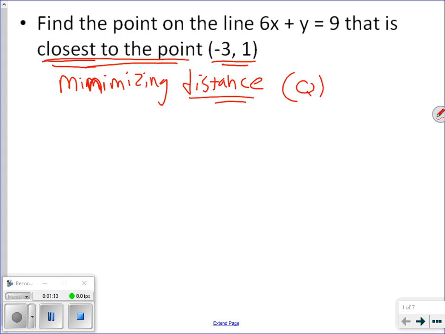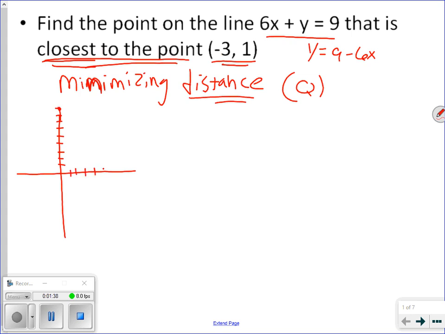Okay, minimizing distance. So that's going to be our Q equation. It's distance. So let's draw this out real fast. I'm looking at 6x plus y equals 9. That's y equals 9 minus 6x. So we know how to graph that. Let's see what this picture looks like. We're going up 9, so 1, 2, 3, 4, 5, 6, 7, 8, 9.